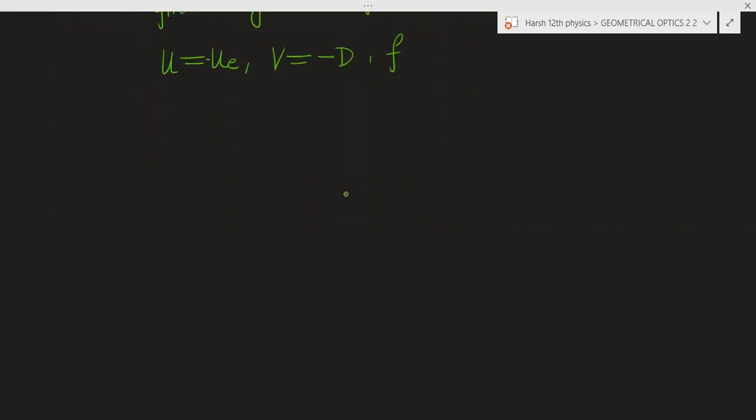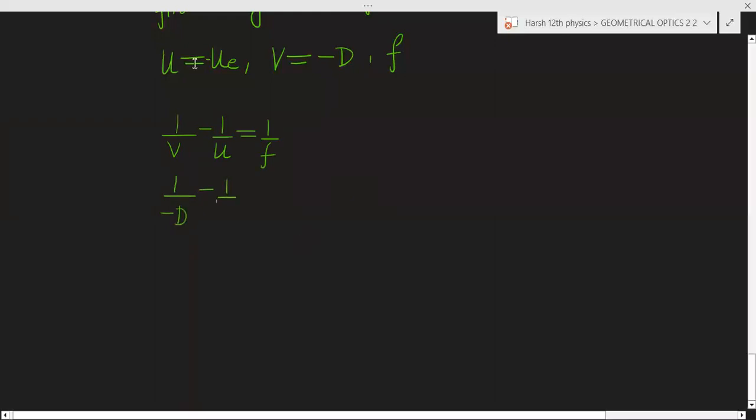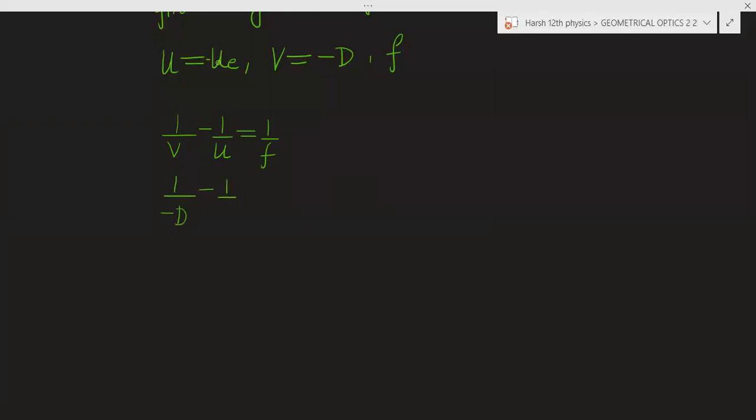So we will apply 1 upon V minus 1 upon U is equal to 1 upon F. Now 1 upon V we have minus D, minus 1 upon U, we have U is equal to minus UE, that is equal to 1 upon F. Now we can solve it.